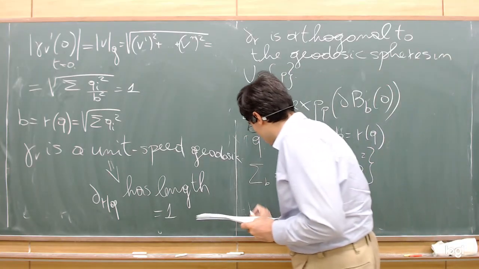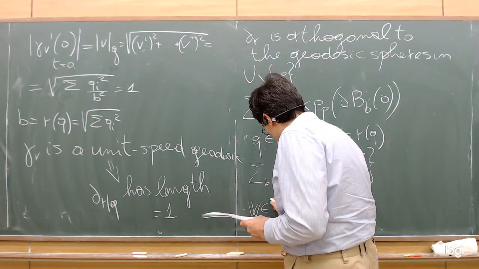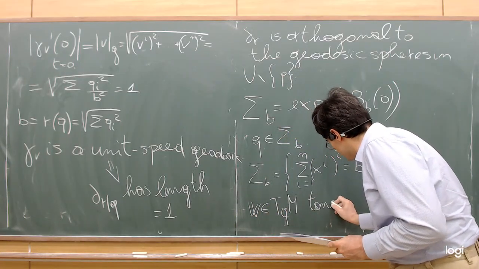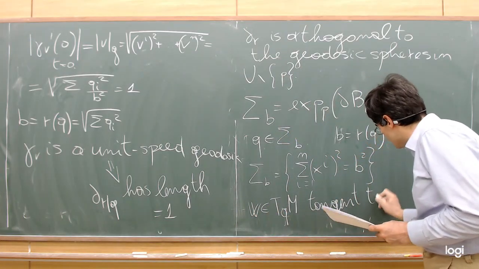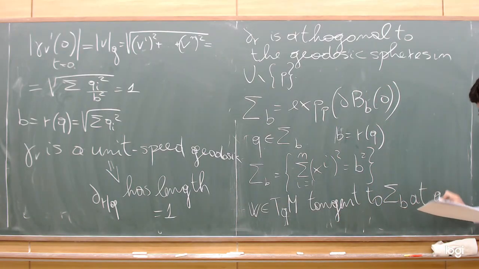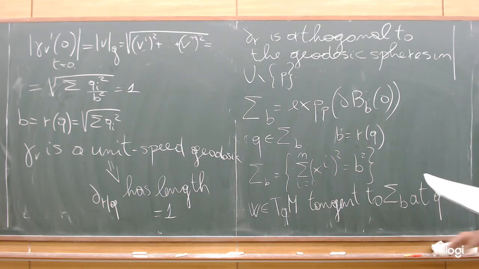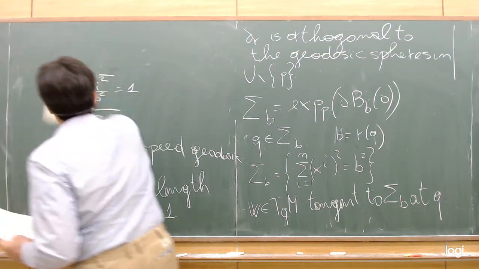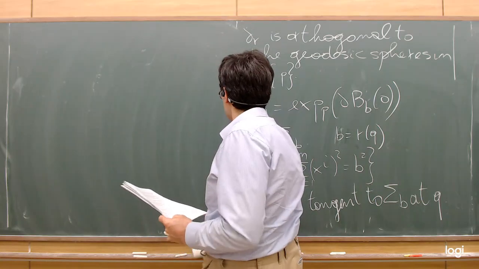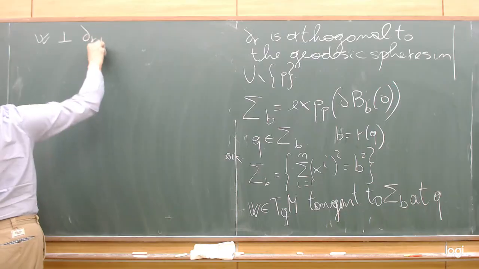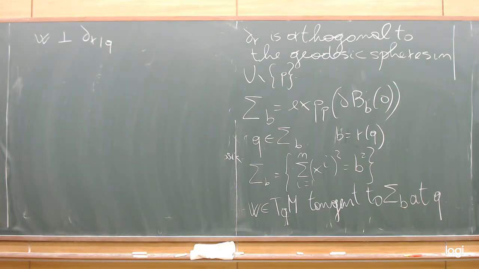Now take w in T_qM tangent to sigma_b at Q. If you want to prove this is true, then it's enough to prove that w is orthogonal to delta r at Q.